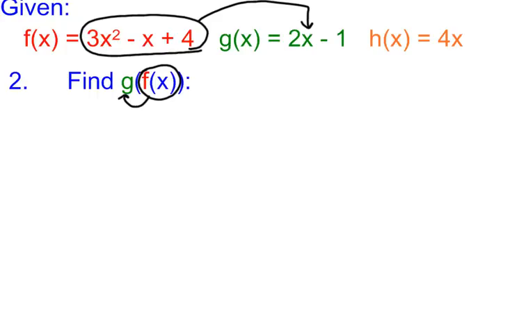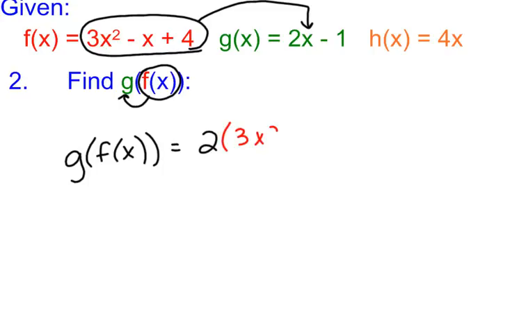So I copy that equation the exact same, finding g of f of x, and I would write 2, and then where that x is, I'm going to replace that with my red f of x, so 3x squared minus x plus 4, and then from there I finish my g of x equation, I write the minus 1. So nothing changed except where the x is.